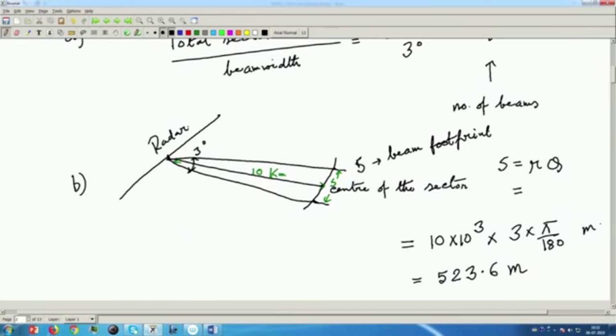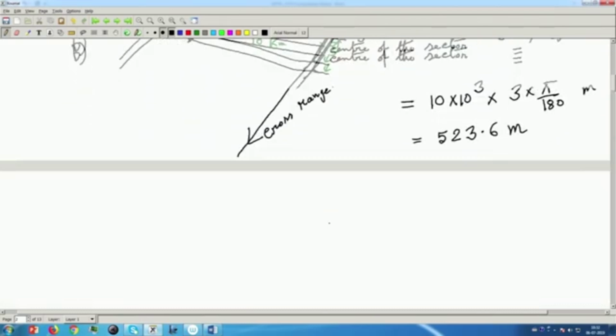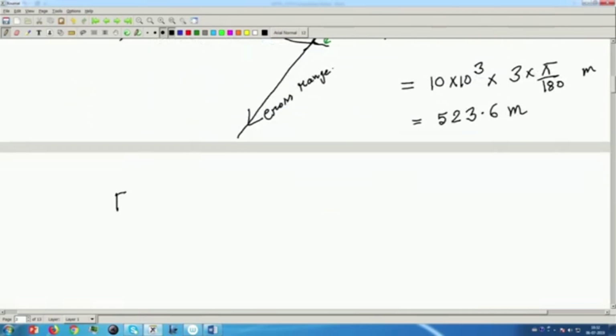Along the cross range, this is the cross range. Along the cross range, 128 pixels are there in the image, that is already said. Also along the cross range there are 8 beams. So, how many pixels will each beam generate?